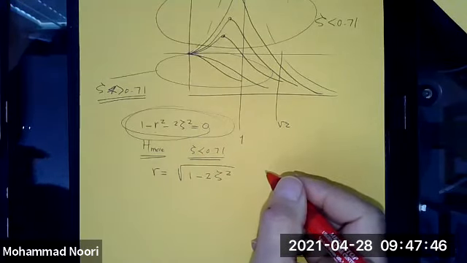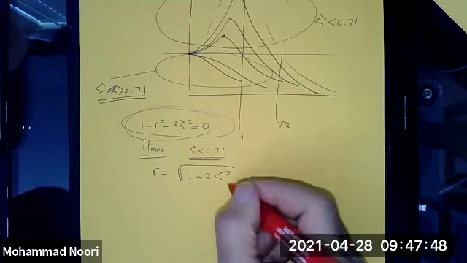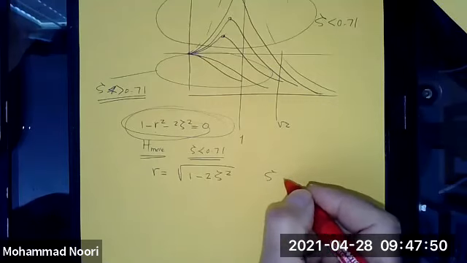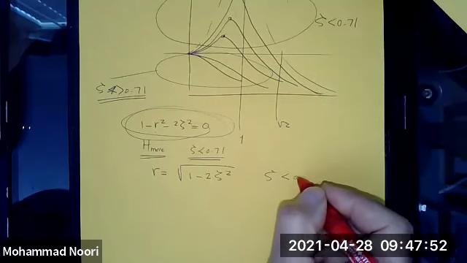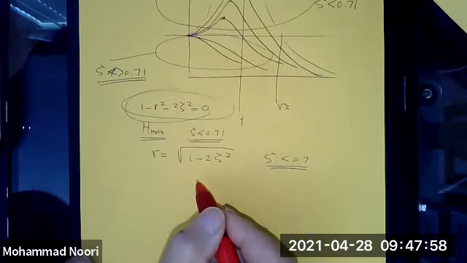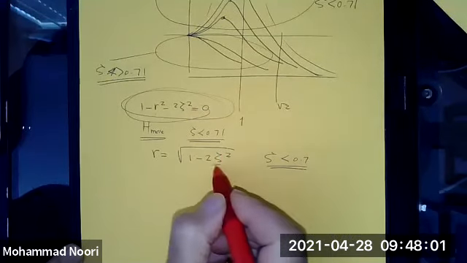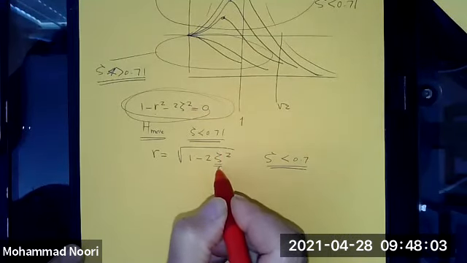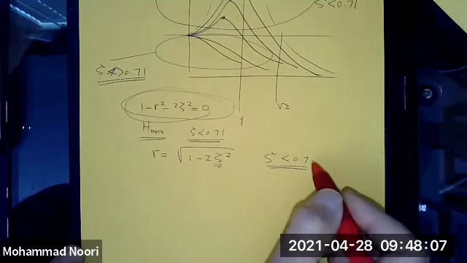You see that, first of all, zeta is less than 0.71. So you can easily see that when zeta is less than 0.71, let's play with some numbers.